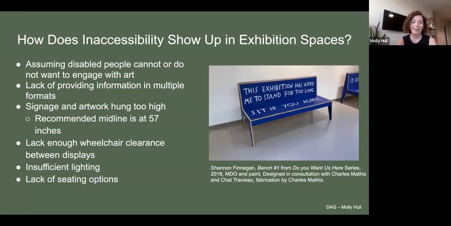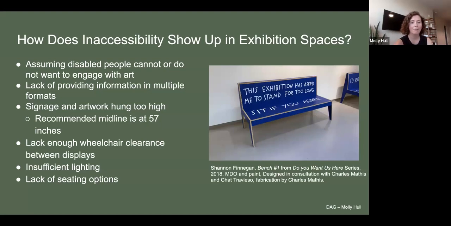Things like signage and artwork hung too high. So it's recommended that you hang artwork at a midline of 57 inches. This is recommended for people in wheelchairs. So thinking about how long a person might have to look upwards and what that might do to their neck.